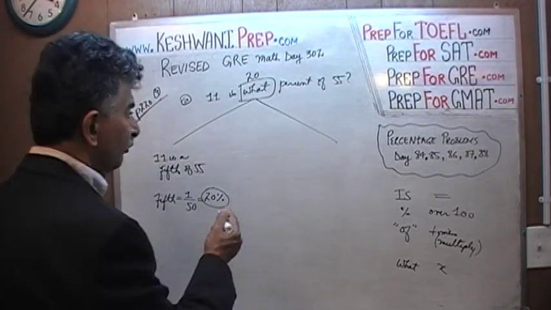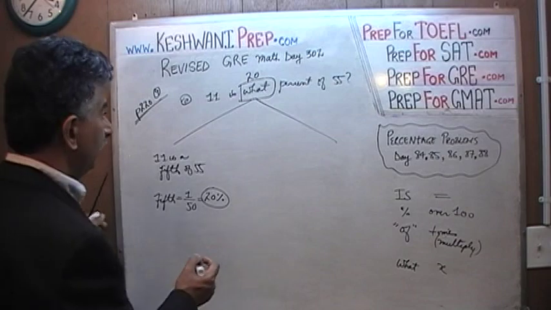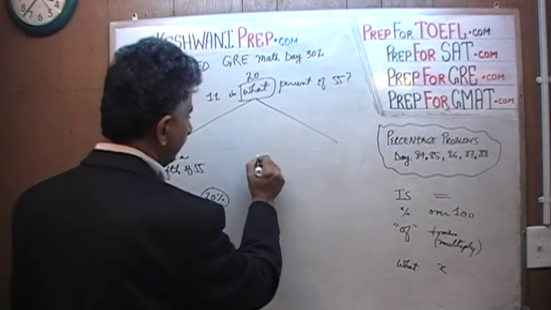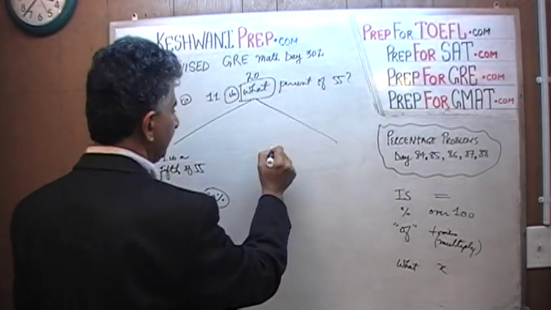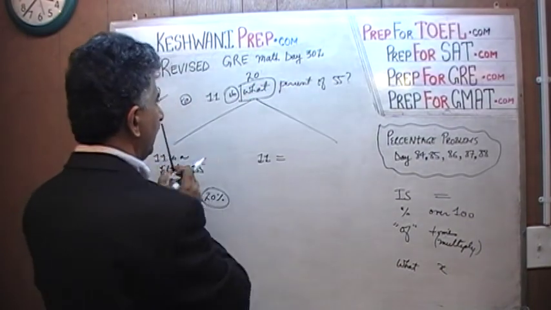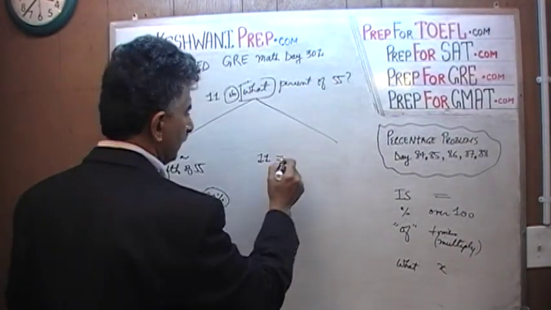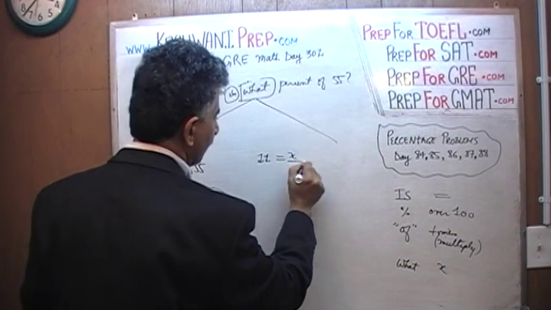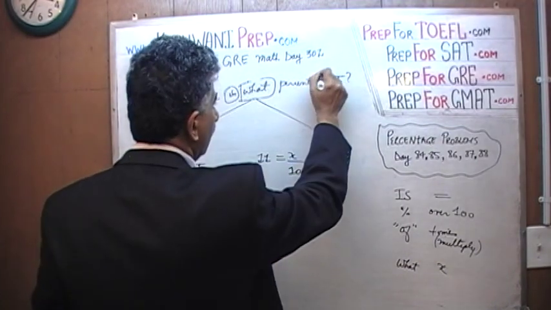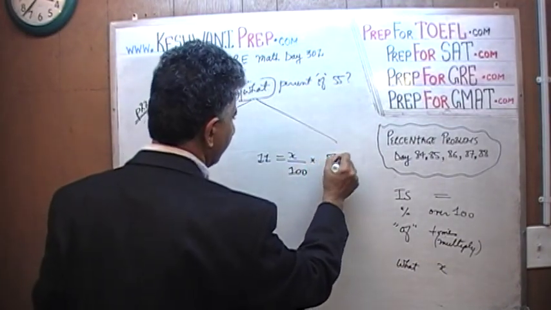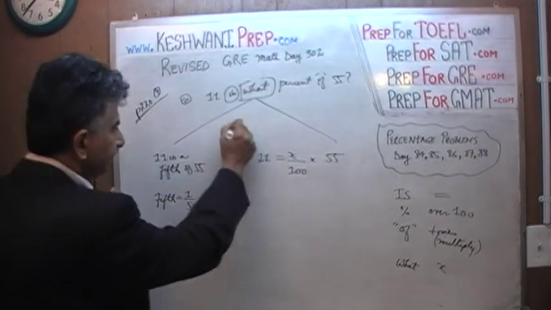The other way is to set it up as an equation, as we have been doing here. The equation will go like this. 11 is means equals, what is our unknown? x. Percent means over 100. Of means times, and then 55. Then solve for x.